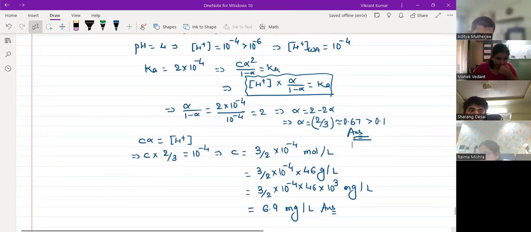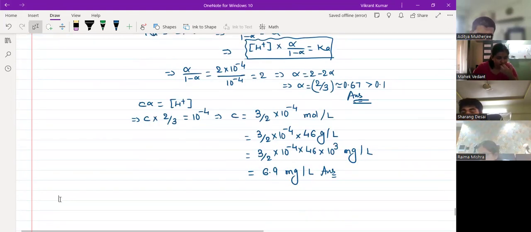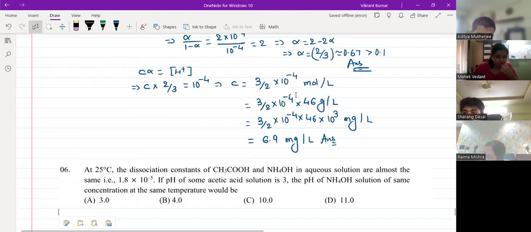So next I think there are two more questions. Sixth one was this one. अभी जस्ट मैंने बताया था if I have got CH3COOH का Ka equal to NH4OH का Kb and they are having same concentration, then whatever will be the pH of acetic acid solution, same will be pOH of NH4OH solution.